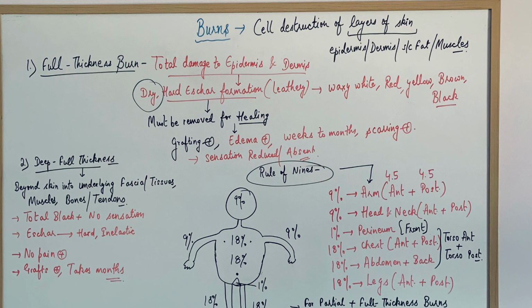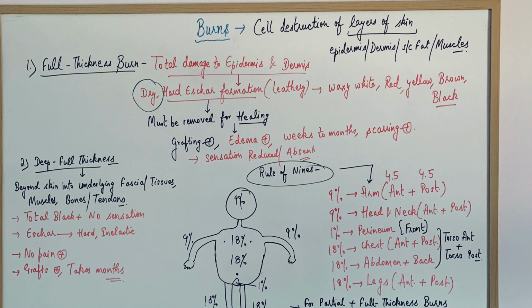Now let's move on to the chest area, anterior chest and posterior chest. These comprise 18%. So anterior chest 9% and posterior chest also 9%. And let's move on to the abdomen. Same as the chest, anterior abdomen is 9% and posterior abdomen, you can say the back, is also 9%.